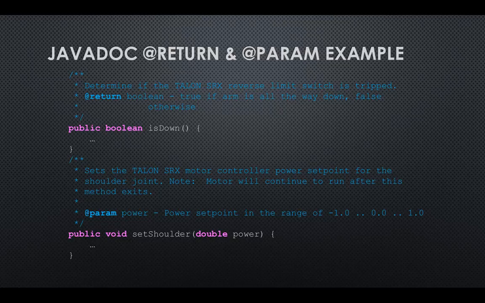When I then go up and type in /** and hit enter, the IDE will pre-populate your Javadoc comment with the correct @return and @param tags. So a lot of the work is done for you. A lot of the grunt work, the formatting, making it look pretty. What you have to do is actually fill in the body of the Javadoc.